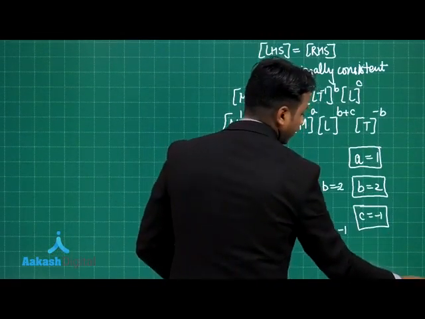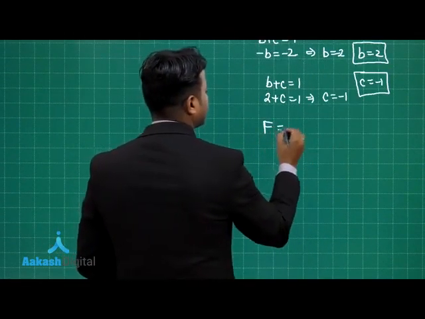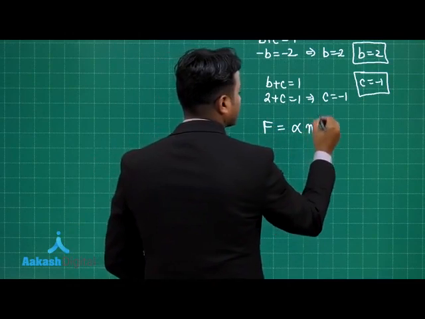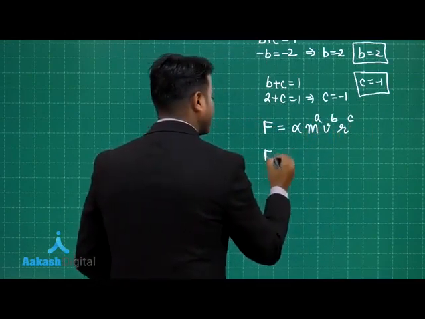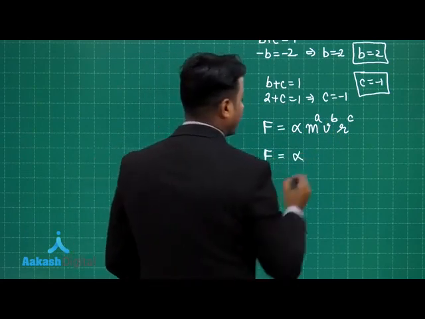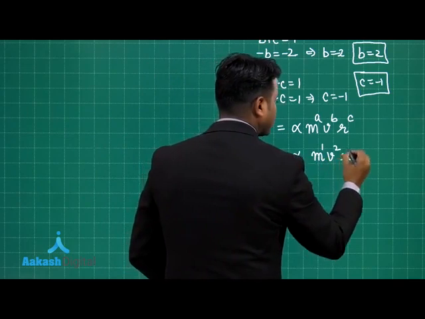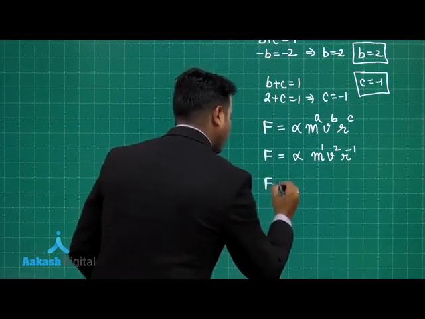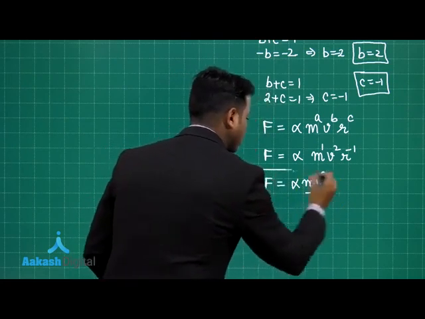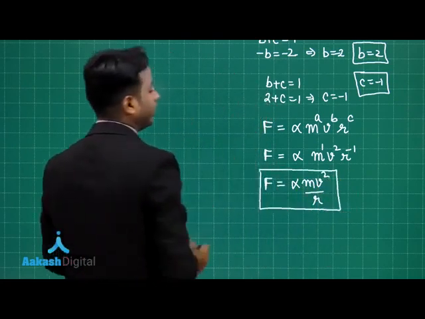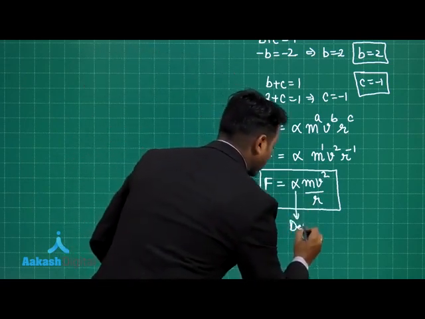We have F is equal to alpha times mass to the power a, velocity to the power b, radius to the power c. Substituting all the values, F is equal to alpha times m to the power 1, v to the power 2, radius to the power minus 1. So F is equal to alpha times m v square by r. This is the equation we were actually searching for, and this alpha will depend upon the question.